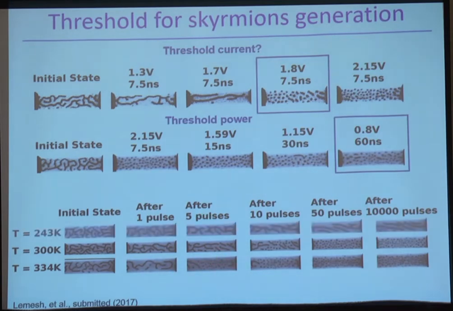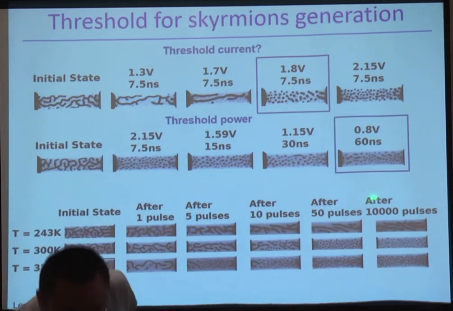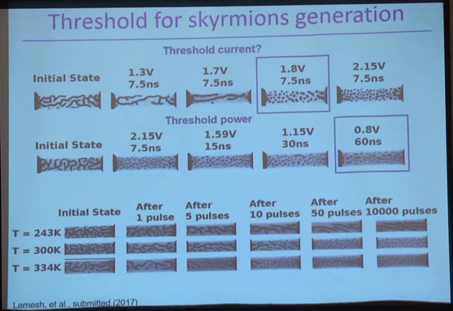And if we go instead to a lower temperature, then even after 10,000 pulses, we barely create any skyrmions at all. So it's related to temperature, it's related to the number of pulses, it's related to the length of the pulses. And in fact, the reason it's happening over many, many pulses is there's a cumulative heating that's going on in the system, which we can calculate by measuring that.